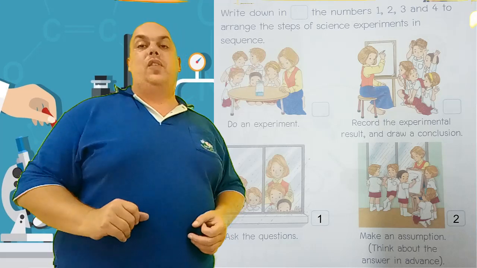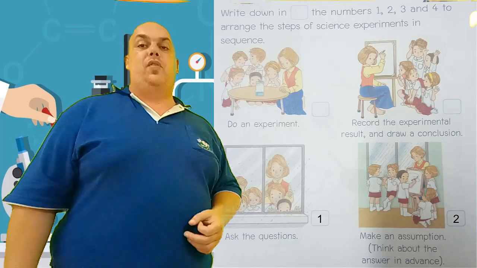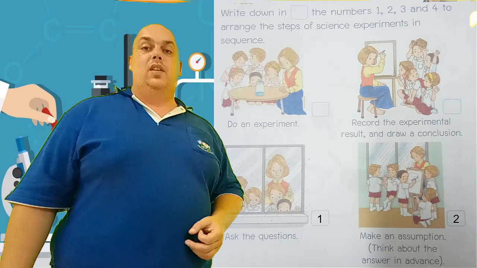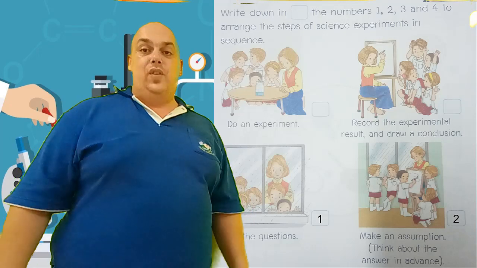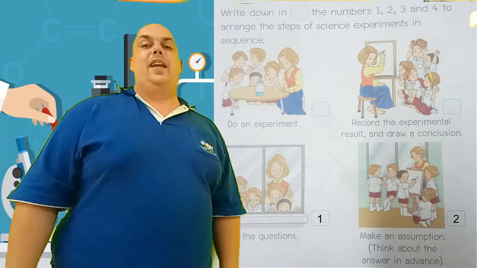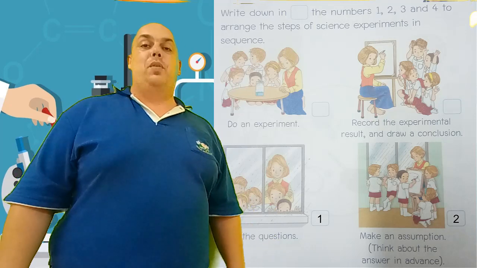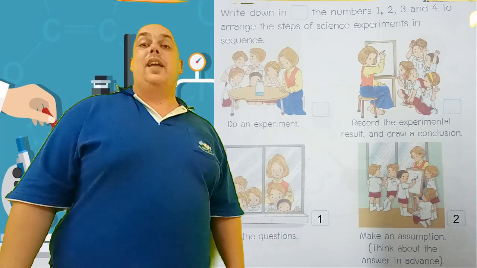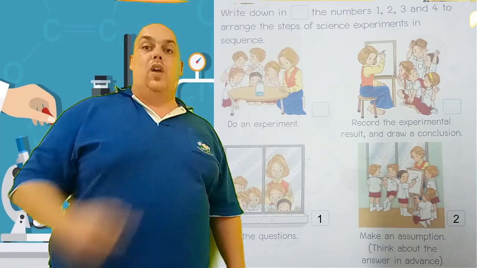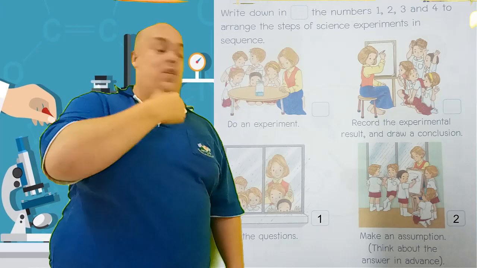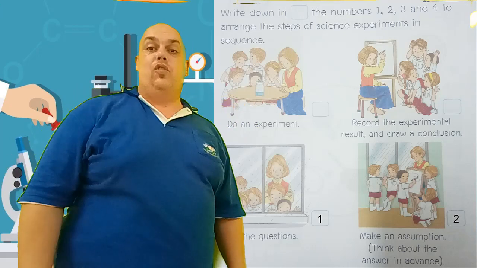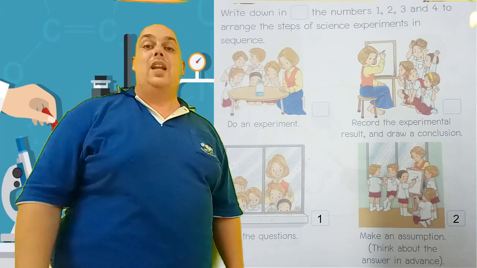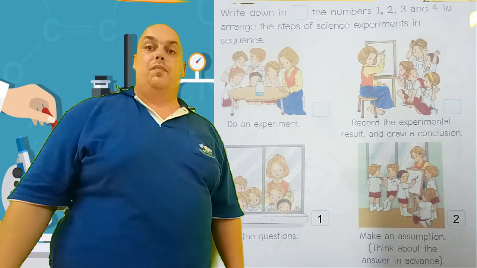Okay, so step 3. Who remembers what step 3 is for a science experiment? Yes, step number 3 is do an experiment. So I want you to find do an experiment over here on the page. And then I want you to write number 3.